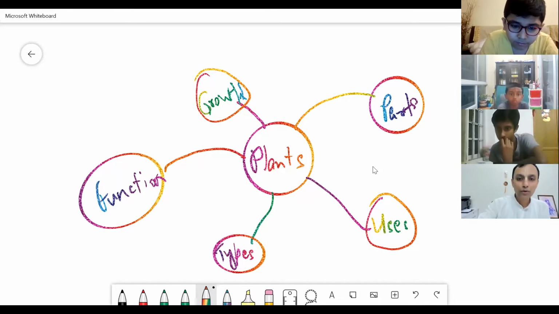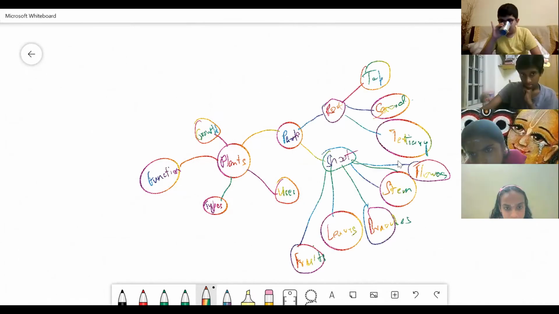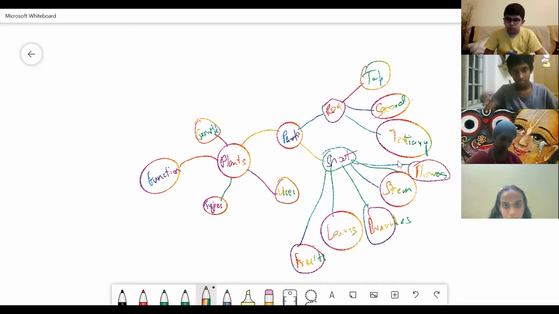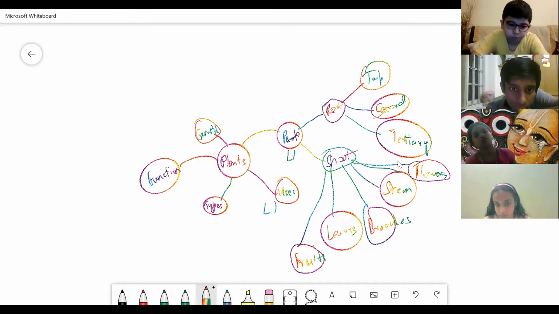Now, what we will do is try and expand these. If you do it as a list, the relationships may not appear very clearly. Here the relationships are appearing very clearly. These are all level 1 ideas.